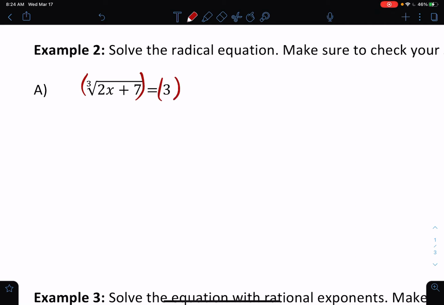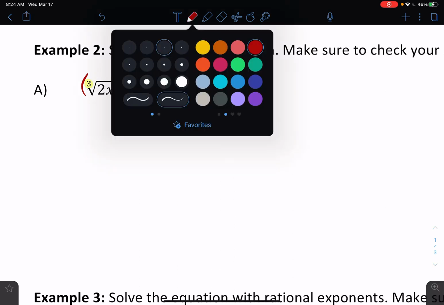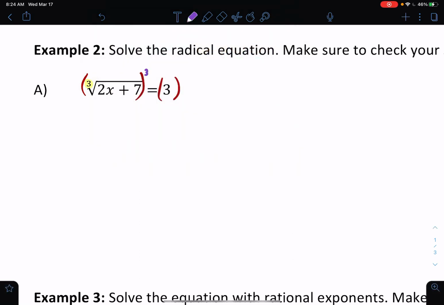Well, because this has a root of 3, I'm going to raise both sides to the third power. To undo a cubed root, we need to cube it. So that's going to cancel that out and leave me just with 2x plus 7, what's underneath that radical. And then 3 cubed, 3 times 3 times 3, is going to give me 27.